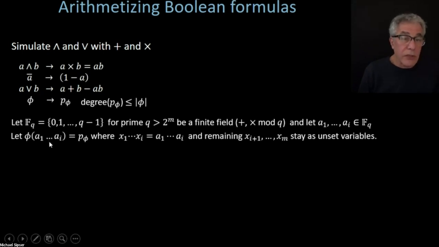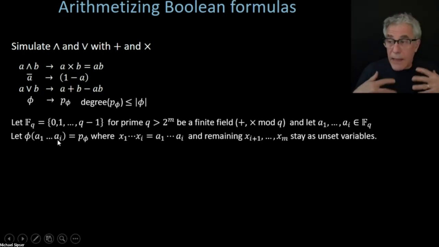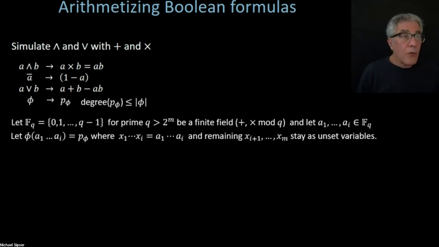And in order to have a meaning to that, we're going to treat that formula as the polynomial from the arithmetization and just plug in those values into the polynomial and see what the polynomial does for you. So here we're going to be presetting some of the values of the formula like we did before. And now in the polynomial, we're going to be pre-assigning some of the values of the variables to these a's from the field, and the remaining variables are going to stay as unset.